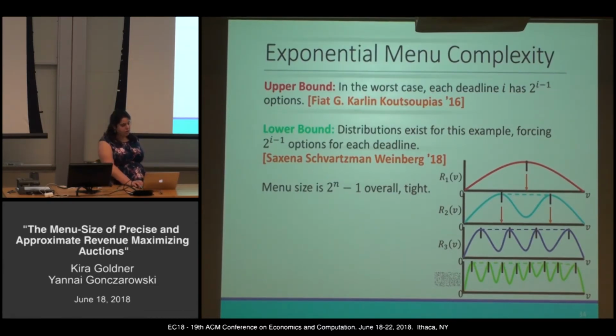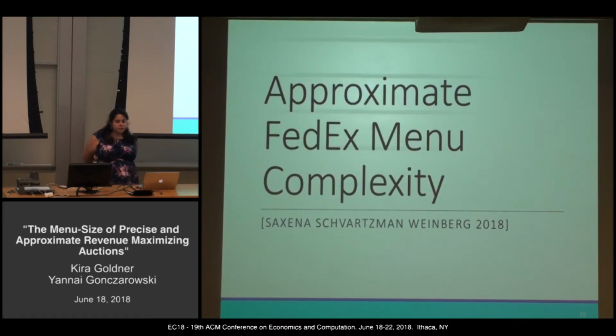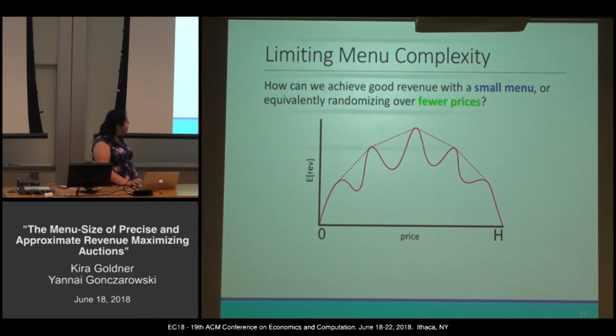Okay. What about approximate menu complexity for the setting? So this is what's also addressed in the paper by Gonczarowski, Ariel, and Matt. And the point is, how can we achieve good revenue if we have to limit the number of prices that we randomize?